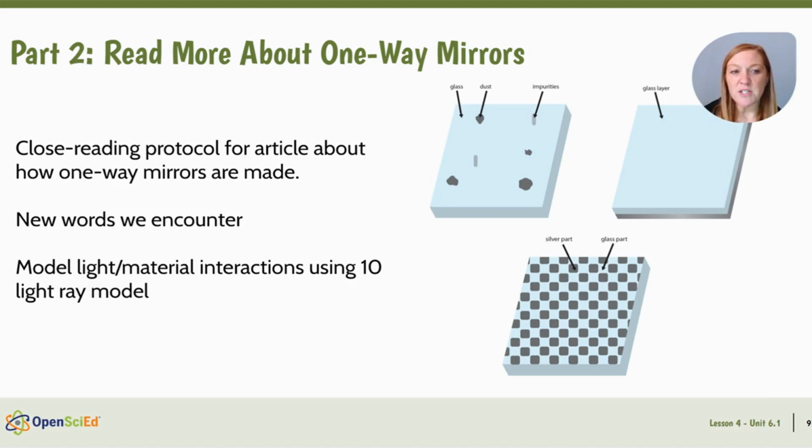And then we're going to develop a model to show how light and the materials interact with each other. And we're going to use a 10 light ray model to do this. So we're going to show what happens to 10 light rays that are directed toward this material, how many are going to reflect, how many are going to transmit.